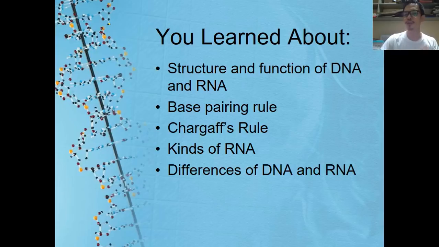You have also learned the base pairing rule, that A is always paired to T and C is always paired to G. And you have learned Chargaff's rule, which states that there is always a 1:1 ratio between the pyrimidines and purines in a particular DNA sequence in all organisms. And also, we studied the different types of RNA, and together with that the differences between DNA and RNA.